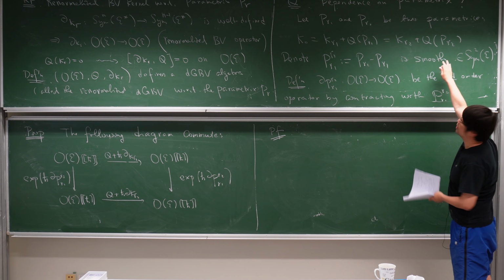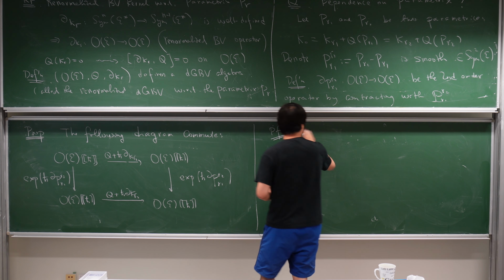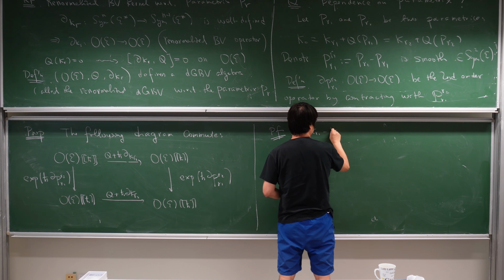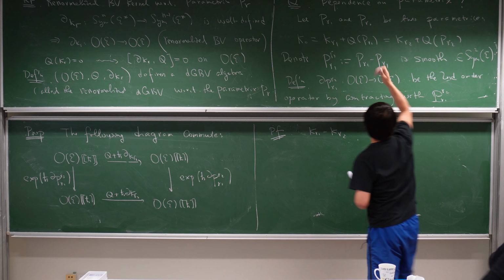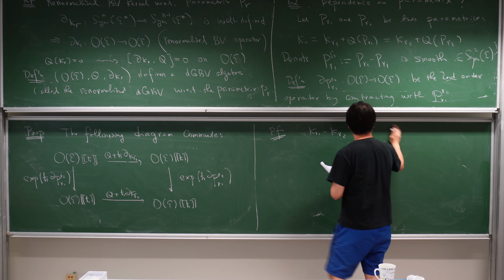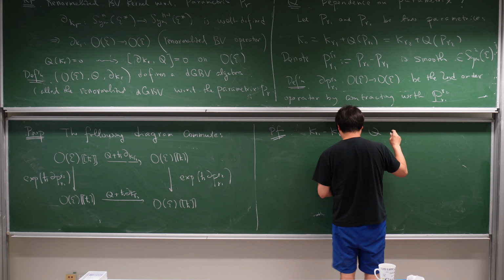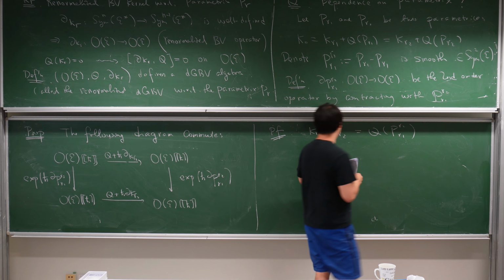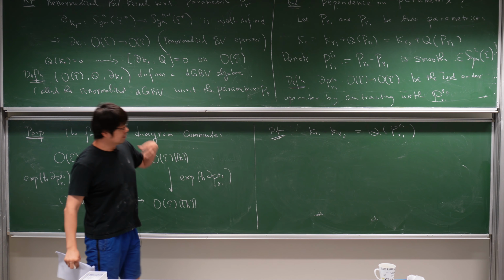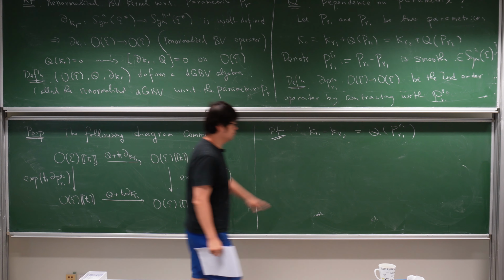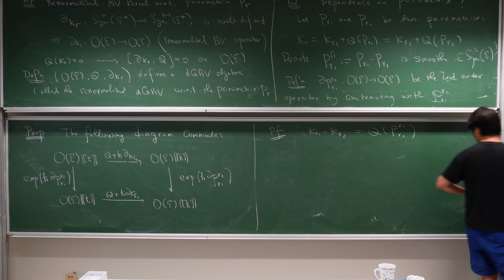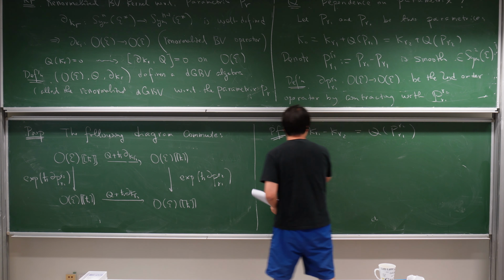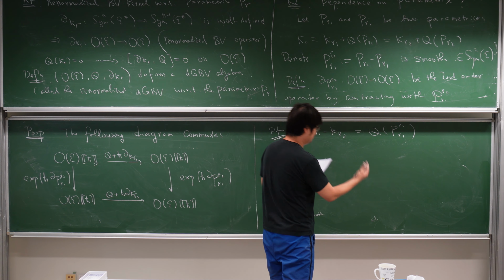The reason is about this chain homotopy. Basically, this formula says K_R1 minus K_R2, if you look at the difference, equals Q P_R1R2. So these two kernels K differ by this P kernel in a chain homotopic way. Then this implies the following, a very simple exercise.